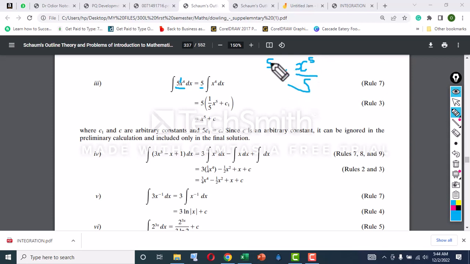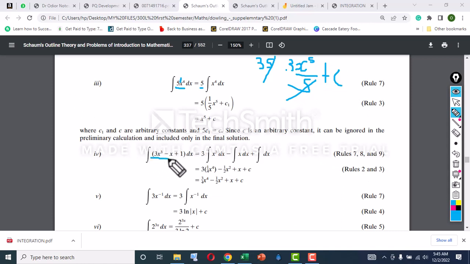Then multiply by your 5 that you have brought out, so this cancels this. In case sometimes this one may be 3, for example, it may not be divisible, so just leave your answer as 3 times x raised to power 5 over 5. So we are good with that. Then remember to add your c when you are done with everything. So that's it. We go to the next one.